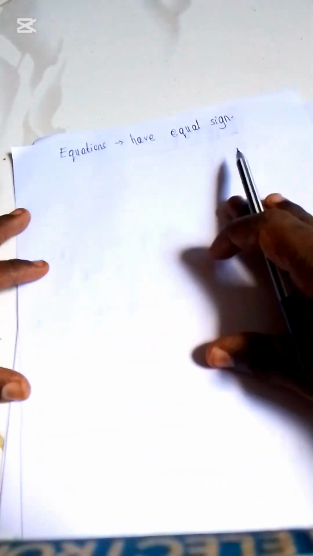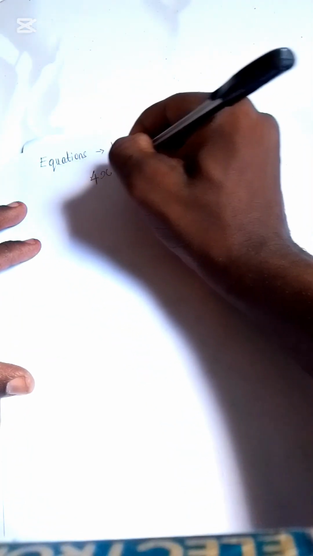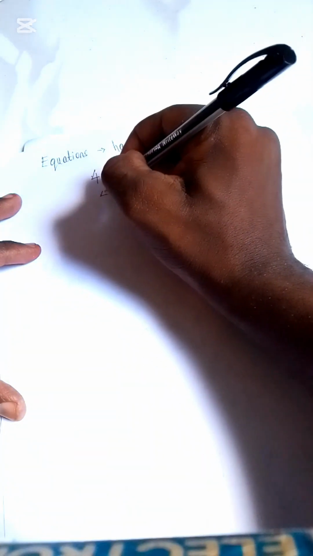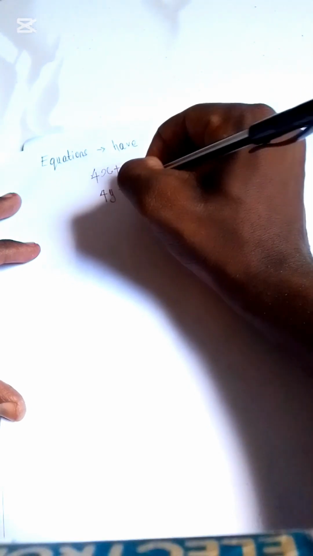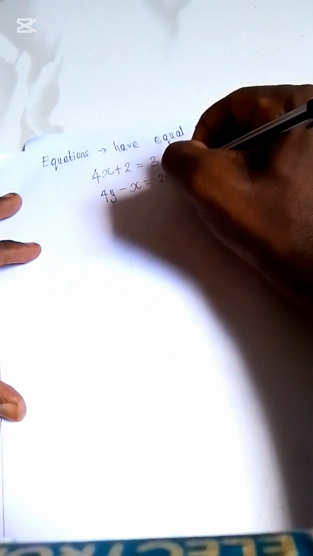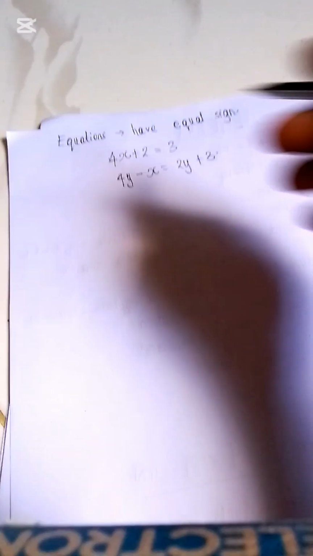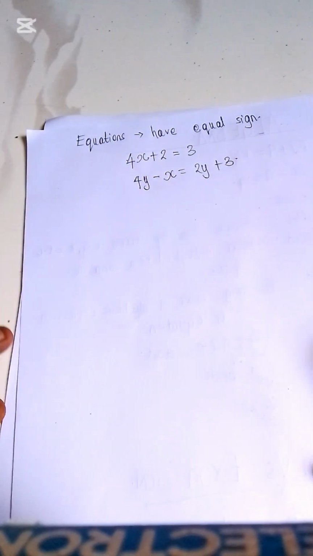For instance, we can say this expression 4x plus 2 equals to 3, or 4y minus x equals to 2y plus 3. That one is also an equation. The moment you see an equal sign separating two expressions, then you have to know that that is an equation.